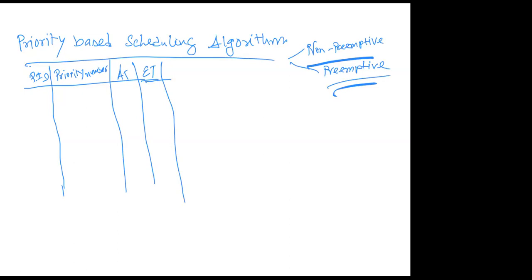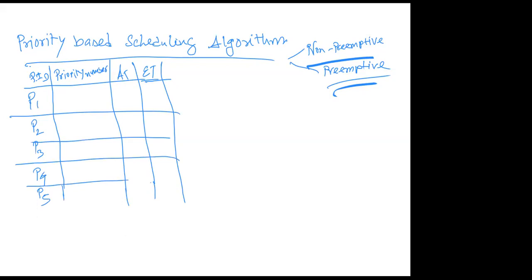From here, let's consider one example. Then it will be, I think, more clear. Let's say we have a total of 5 processes. P1 is a process ID, P2, P3, P4, and P5. These are the processes.